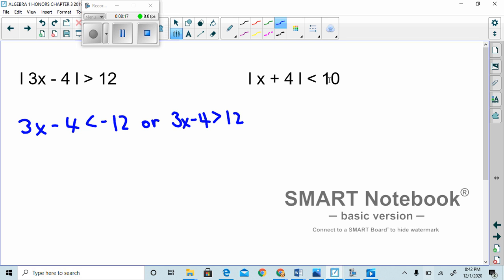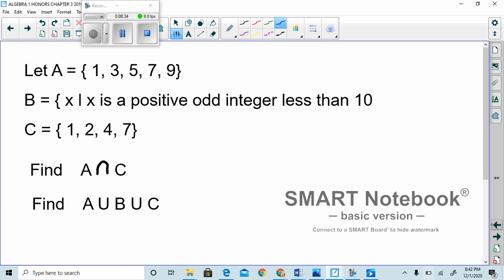When we see a less than, that's when we'll set it up in the middle and solve. Once again, we'll check those in class. And one of the last things we talked about was our union and intersection sets as well as subsets. And that'll be the last thing we'll go over in class.